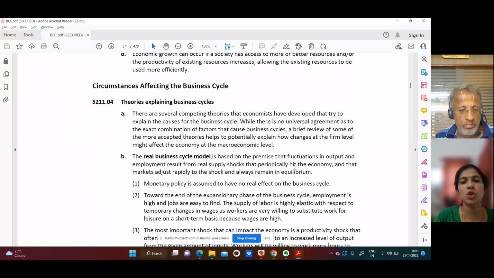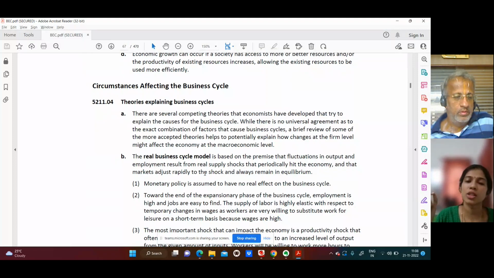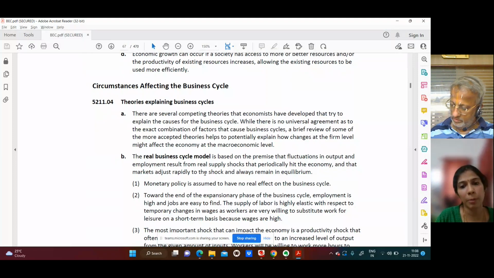If you look at the meaning of this, it is based on the premise that fluctuations in output and employment, as in your business cycles, growth or the fall, result from real supply shocks that periodically hit the economy. So it is caused by supply shocks. What could these supply shocks be? Your technology shocks, your government funding, your spending and saving decisions of consumers.